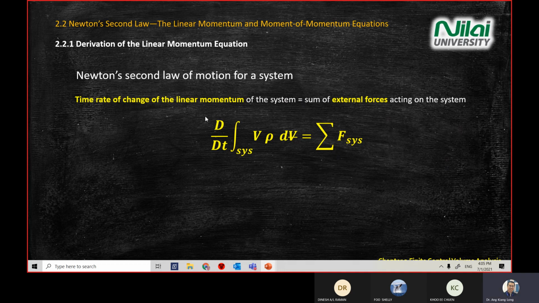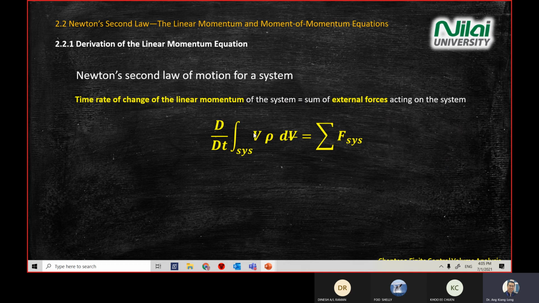So if you look at your screen, this is the first equation for today. We take d over dt, the rate of change over time of an integration of the system. And you see this one is V, this one is V with something in the middle.